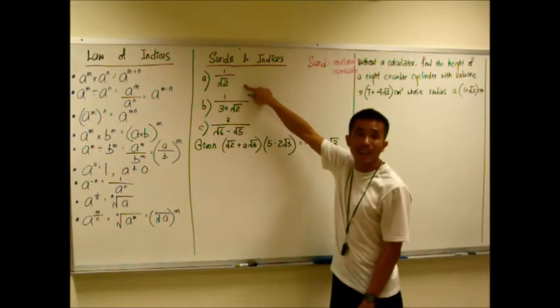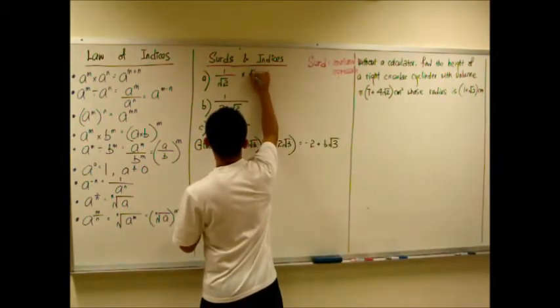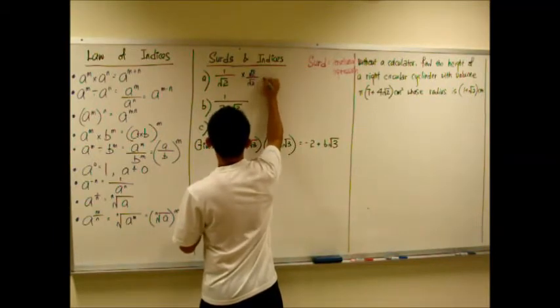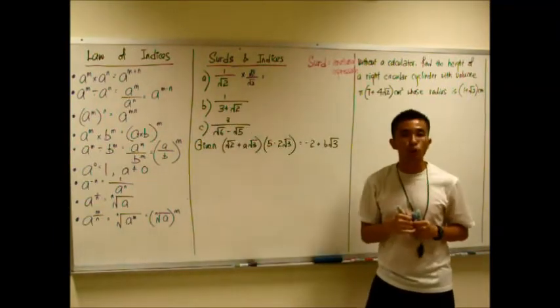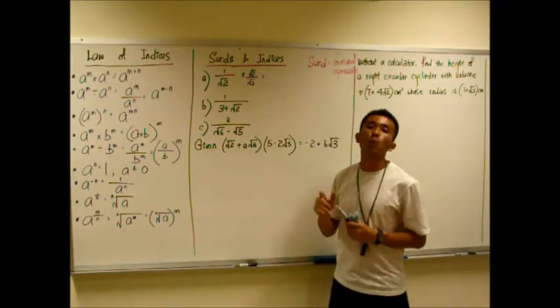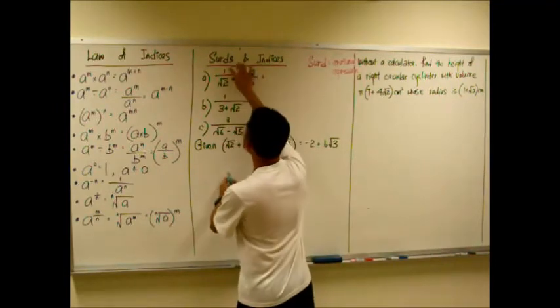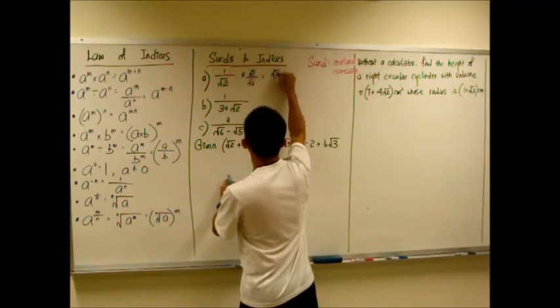How do we rationalize 1 over root 2? You will need to multiply by its conjugate. The conjugate of root 2 is just root 2 over root 2. Now applying the concept, numerator multiplied by numerator, you will get root 2.